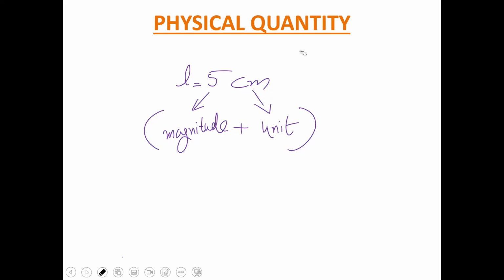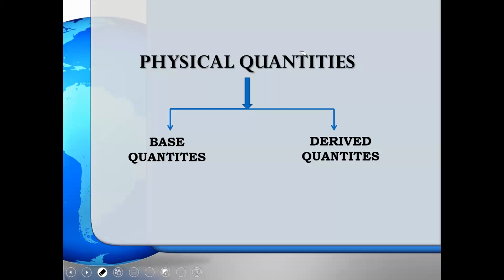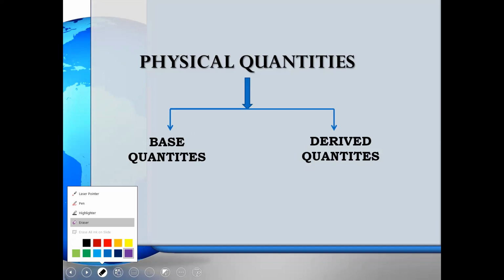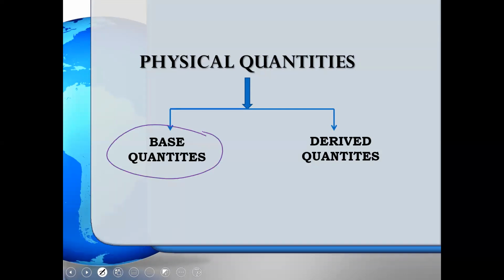Now, there are two types of physical quantities. One is called base quantities and second is called derived quantities. One is called base quantity. Let's make the concept first. What is a base quantity? Whenever you start a science, you need some fundamental quantities. Like whenever you start a language, you first need alphabets.